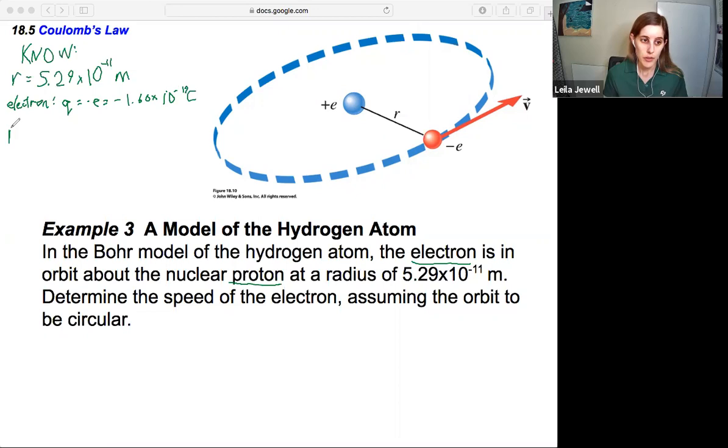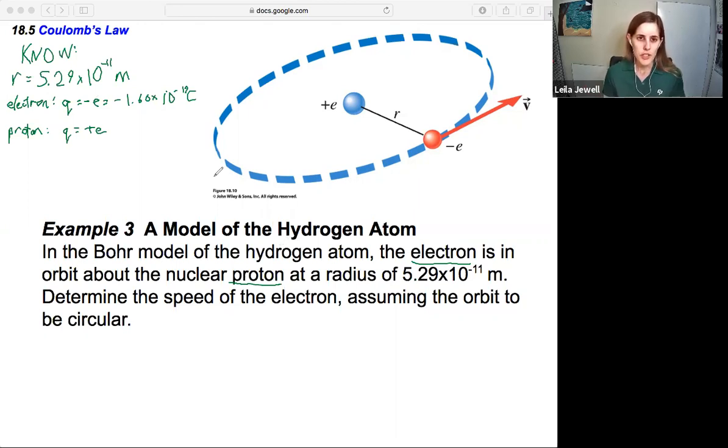And then for the proton, we know the charge is equal and opposite, so we can write that Q is just equal to positive e, or positive 1.6, versus the negative of the electron. All right, so this is already off to a really good start. You notice there's some implicit information hidden in that.